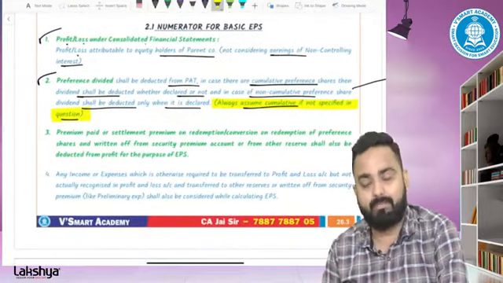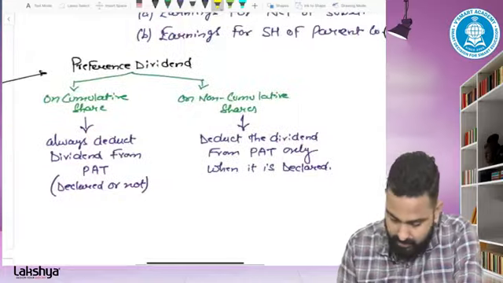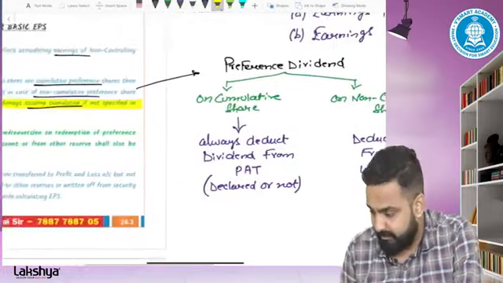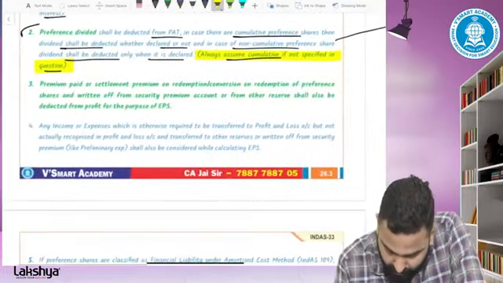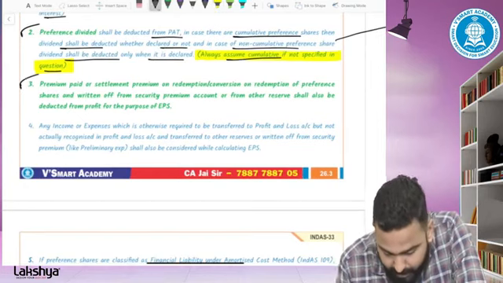Numerator for basic earning per share, right? So preference dividend. Now this third point is important.